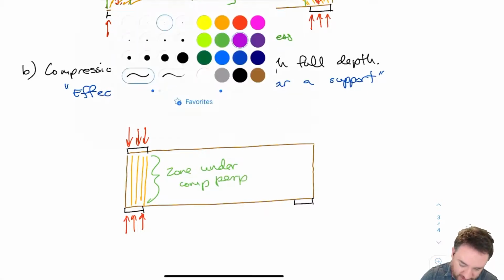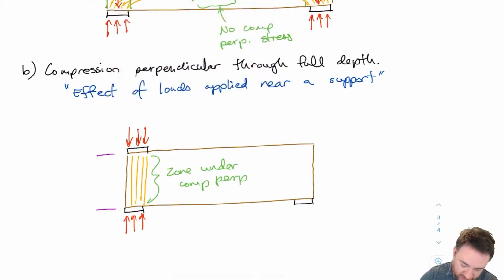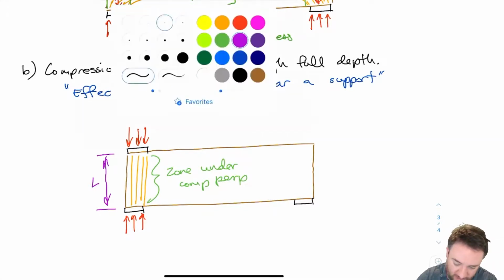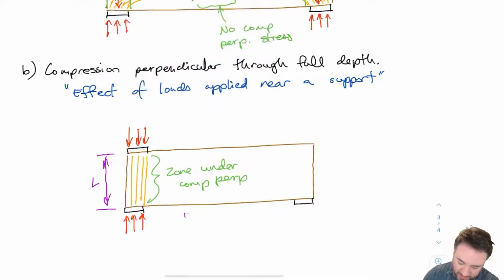So now, instead of my L being localized just below the support, I have an L that goes all the way through the full depth. This is not a technical term, but I like to call this case the squeezing case, or the squishing case.